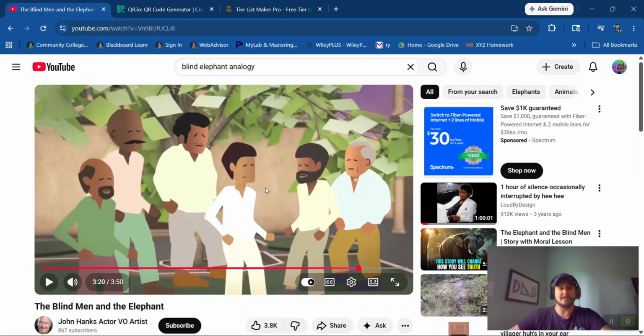I think that it really applies in this particular section, because we can kind of think of the elephant as like the parameter. Okay, so it's the entire object in question. And what these different blind men are doing is they're basically taking samples and making conclusions based on their sample.